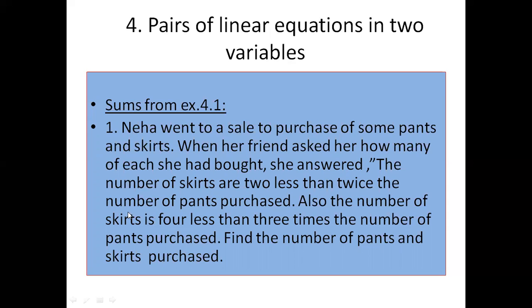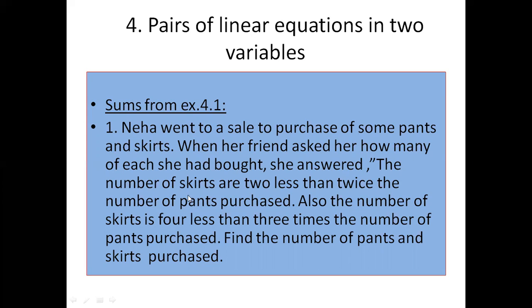First condition: the number of skirts means x, is means equal to, x is equal to 2 less than, that means minus, twice the number of pants purchased. Pants I have taken as y.